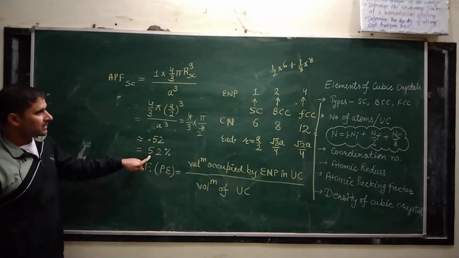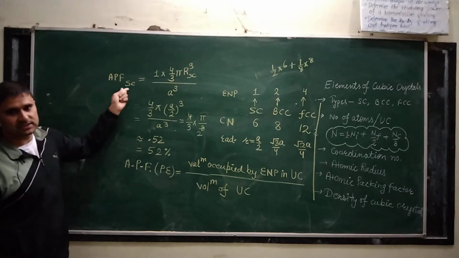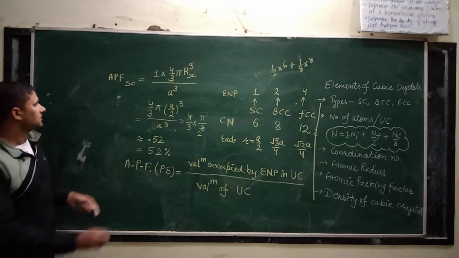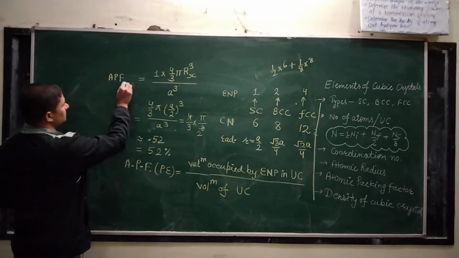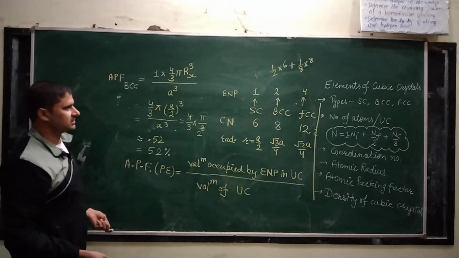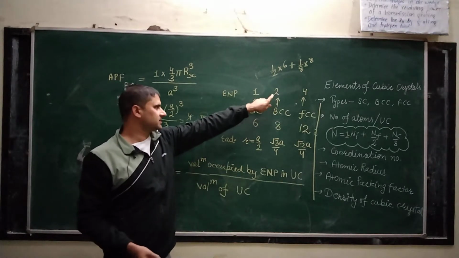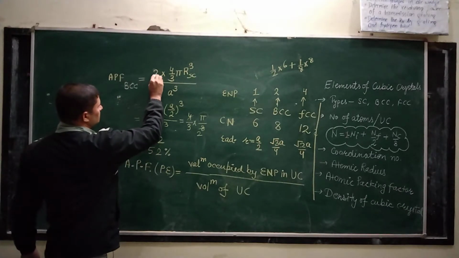Now you can find the atomic packing fraction for BCC also. I will do the changes here, and now we are to see it for BCC. So make simultaneous changes. In BCC, the number of effective particles is 2.